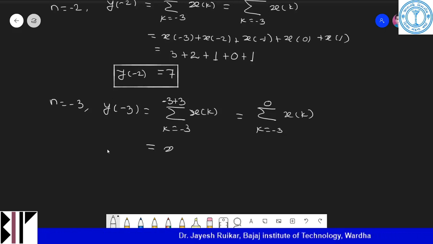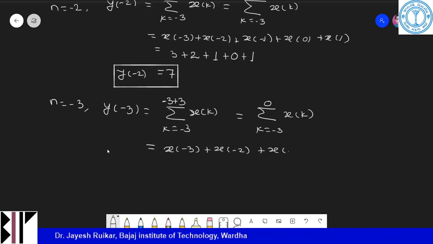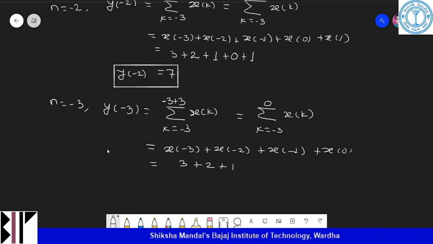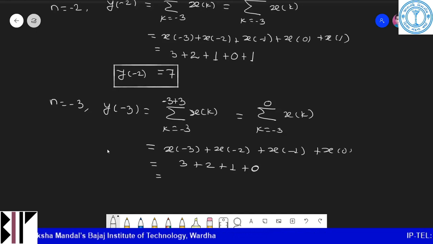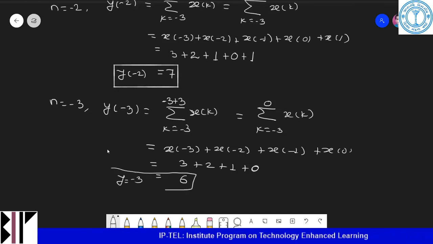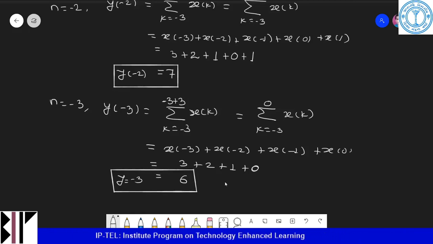So that is x of minus 3 plus x of minus 2 plus x of minus 1 plus x of 0. You have to go from minus 3 to 0. So what is its value? Its value is 3 plus 2 plus 1 plus 0, which is equal to 6. So I will write here y of minus 3 we have value 6.